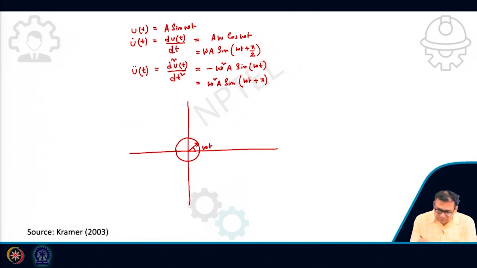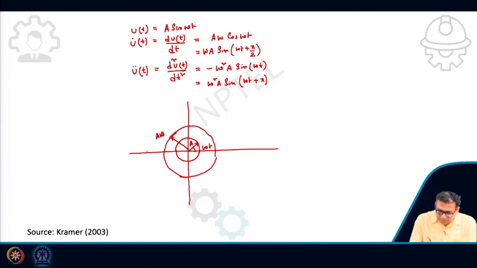So, this is A. Now, the second circle will represent the velocity, and the velocity will be ahead by pi by 2, that is 90 degrees. So, in the second circle, this will be my A omega, or omega A, but that will be rotated by 90 degrees.